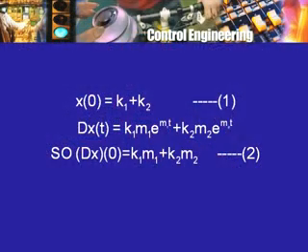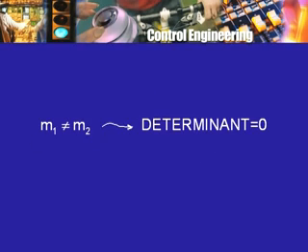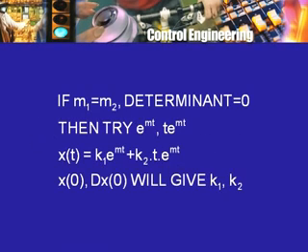We have to consider various alternative situations, and there is a big difference between a solution of the kind e raised to m1t plus e raised to m2t with appropriate multipliers, where m1 and m2 are real numbers, and a solution of this kind, k1 e raised to mt plus k2 into t into e raised to mt, where there is only one exponent m, and in one of the functions we have a multiplier t.